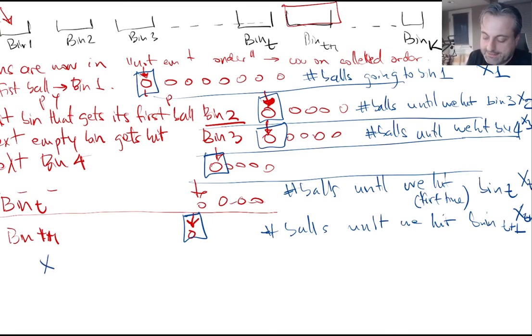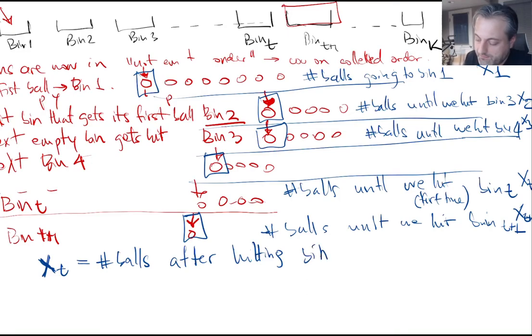So xt is the number of balls after hitting bin T the first time until we hit bin T plus 1 the first time.